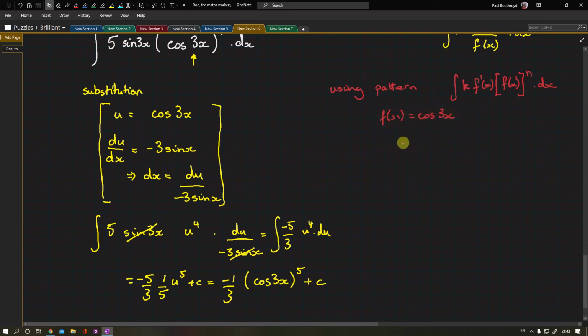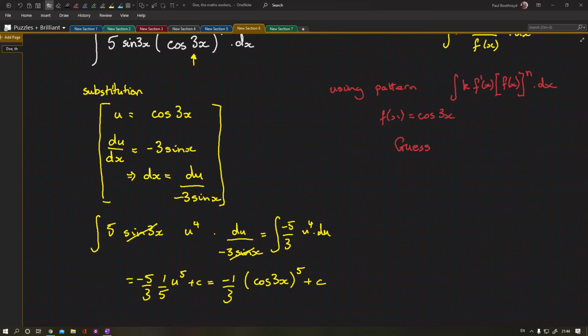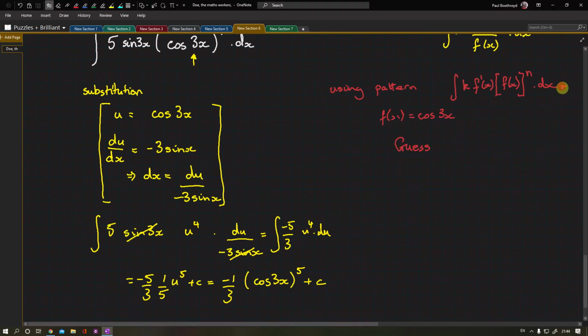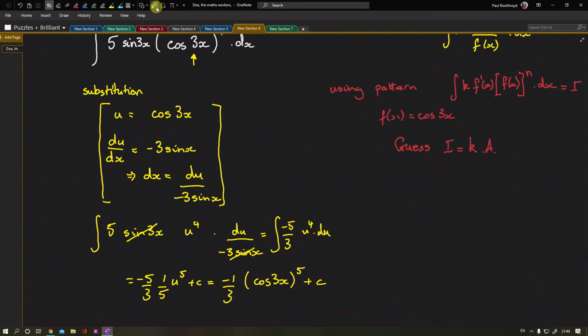The guess is that if I integrate this to give me my function, my value I, the I is going to be some constant k still times, or some coefficient k times, some adjustment we've got to make. So the k in this case was 5, sorry. Let's remove that and put 5 in.